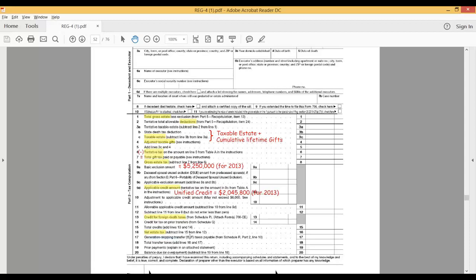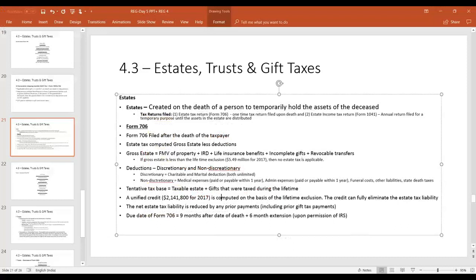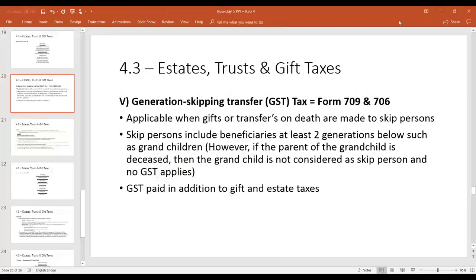This is generation skipping tax, right? Let's look at that. What does it mean? This is applicable when gifts or transfers on death are made to skip persons. And who are skip persons? Basically, they could be your grandchildren or anyone who is at least 2 generations lower than you.